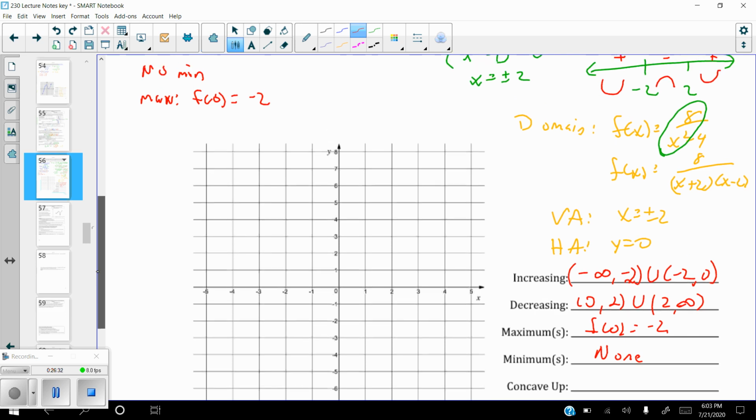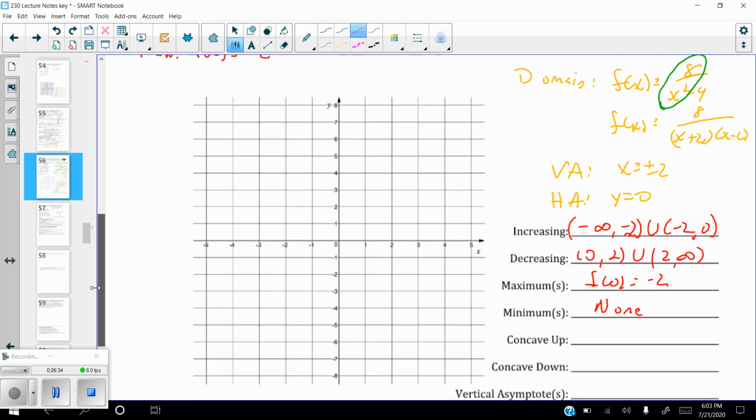Concavity. This was concave up from -infinity to -2. And then it was also concave up from 2 to infinity. And then it was concave down in between -2 and 2.